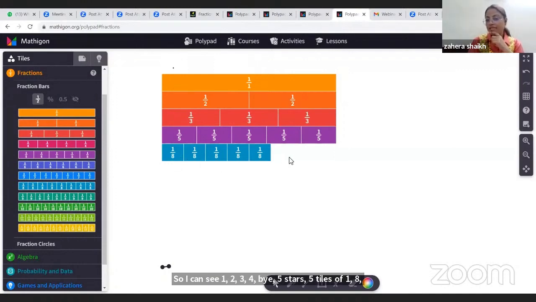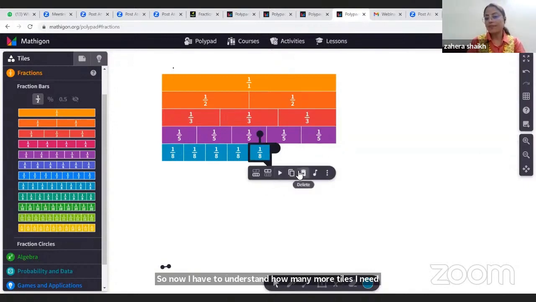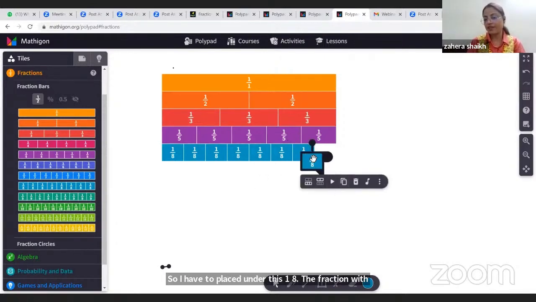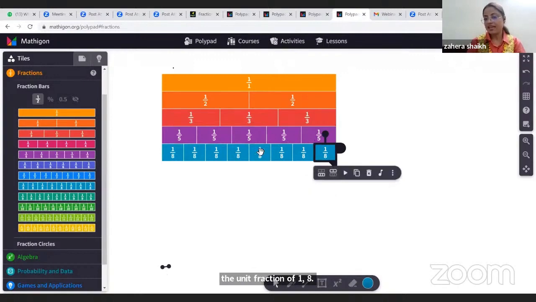But something is missing here, which does not make this a whole. So now I have to understand how many more tiles I need to make it a whole. So I have to place under this the unit fraction of 1/8 here, and I can see that 8 tiles of 1/8 make a whole.